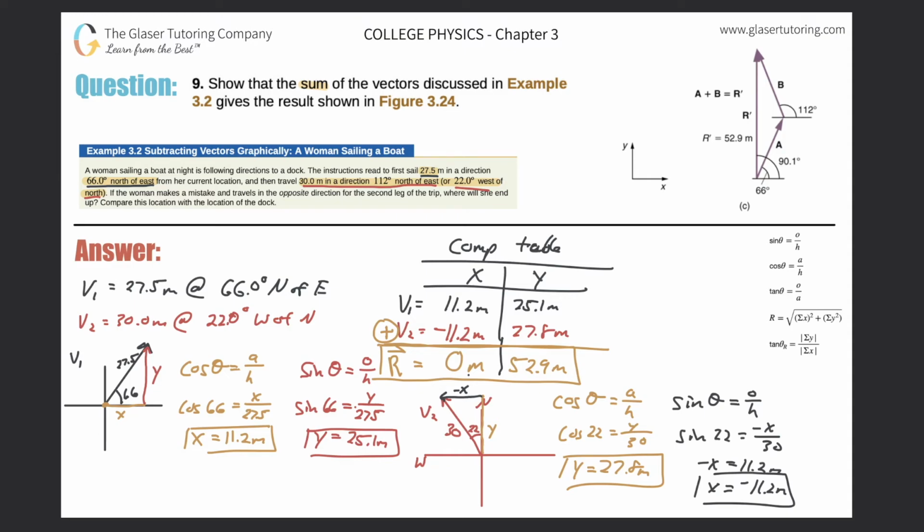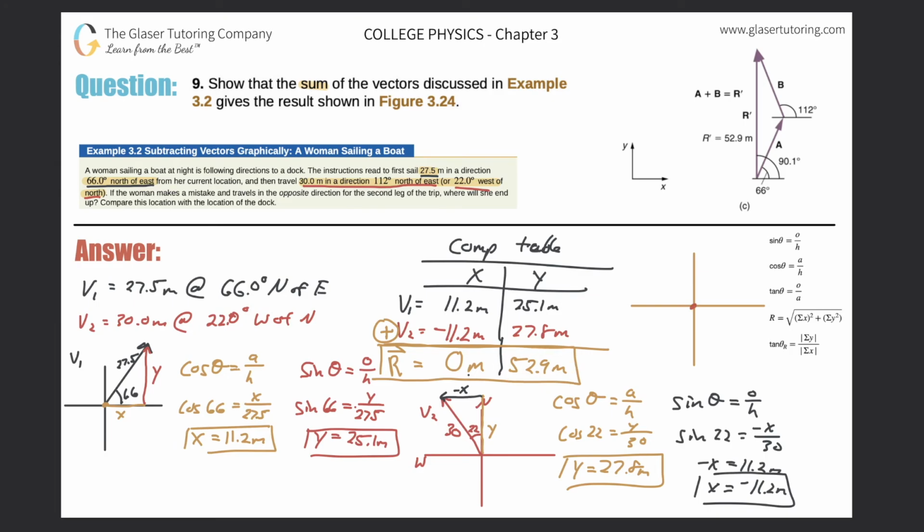So take a look. Here we go. Here's the coordinate system, the y-axis and the x-axis. Let's first start with the x-coordinate. When we look back, what is the x component of my resultant vector? Big old Zippo, so 0. It has no x component. What's the y component? Positive 52.9 meters.